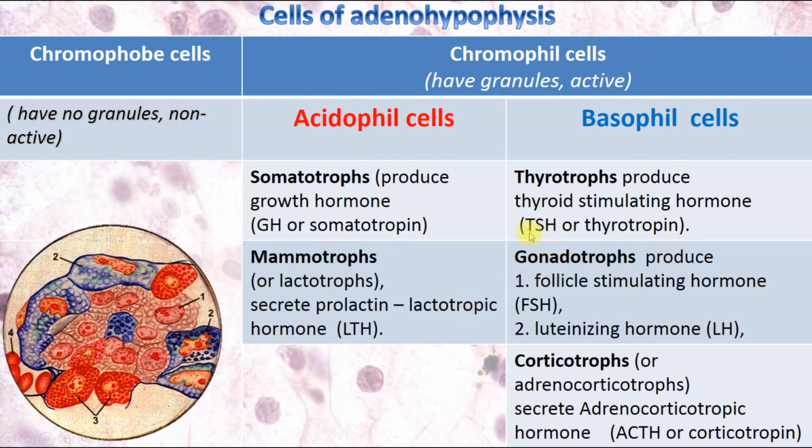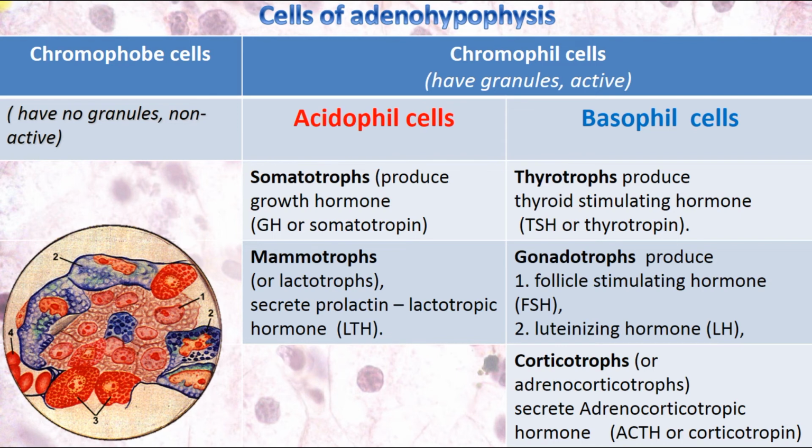Thyrotrophs produce thyroid stimulating hormone TSH or thyrotrophin. Gonadotrophs produce follicle stimulating hormone FSH and luteinizing hormone LH. And corticotrophs or adrenocorticotrophs produce adrenocorticotrophic hormone ACTH or corticotrophin. And those hormones may be troph hormones.